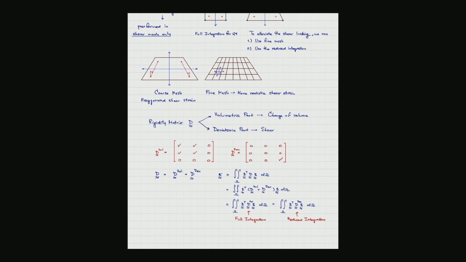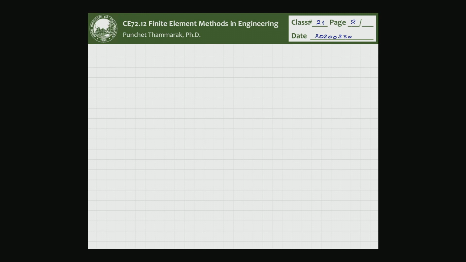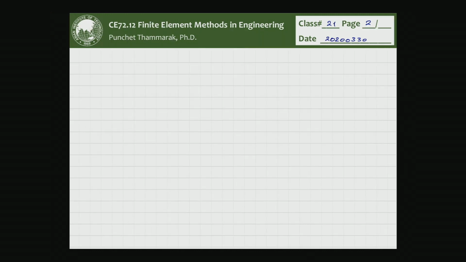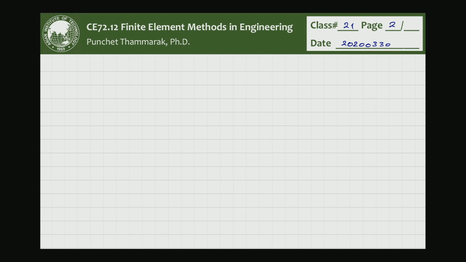And then we will talk about the issue over here. So the reduced integration element was actually developed. The issue that will come after the use of reduced integration is the spurious mode.